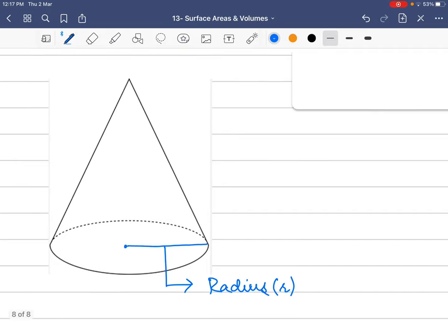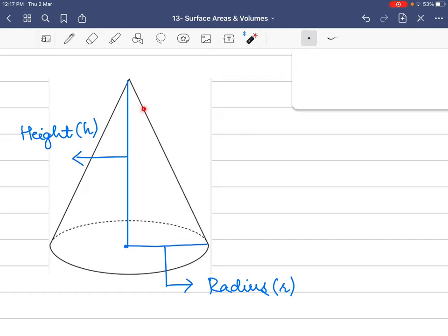Now we know that this was a right angle triangle, so this was its height. So once again let me mark this important parameter. This is called the height of our cone, and we are going to name it h. So h is the height of the cone and r is the radius of the cone.